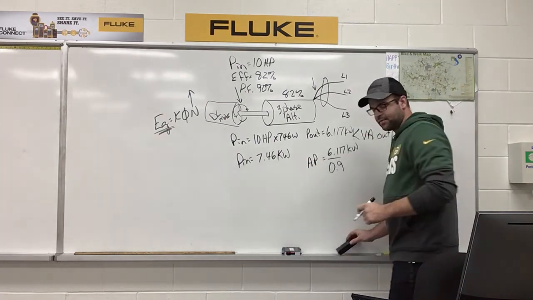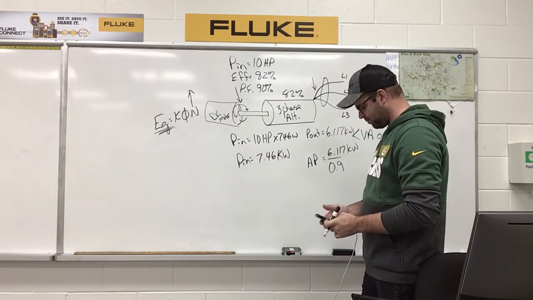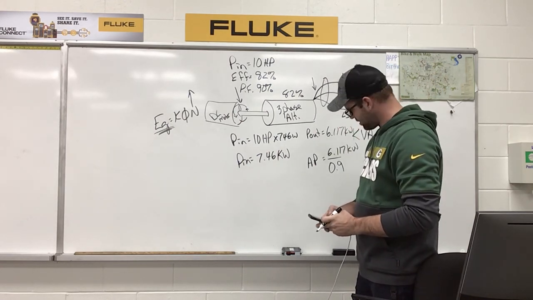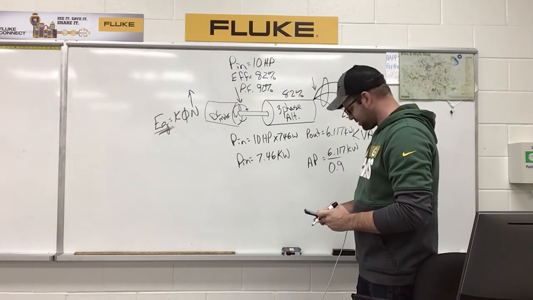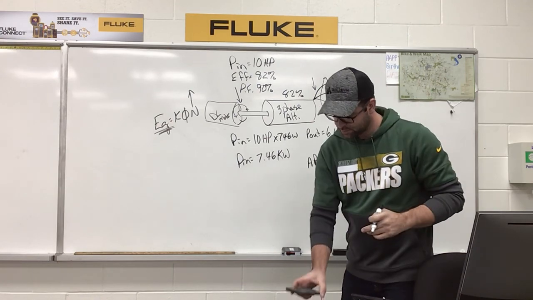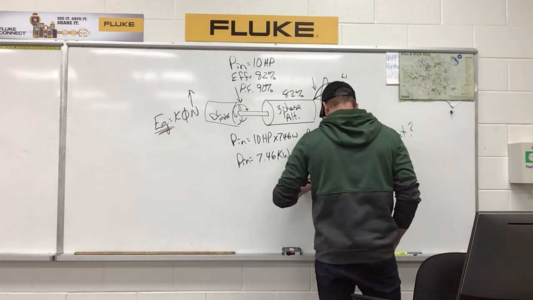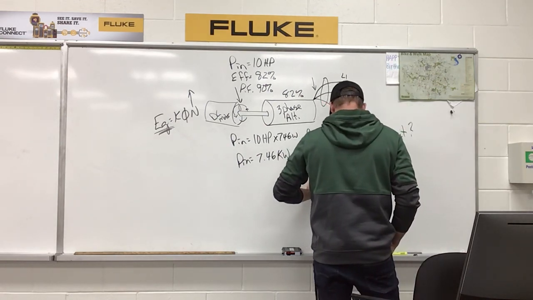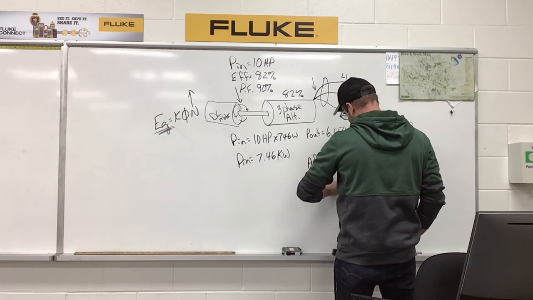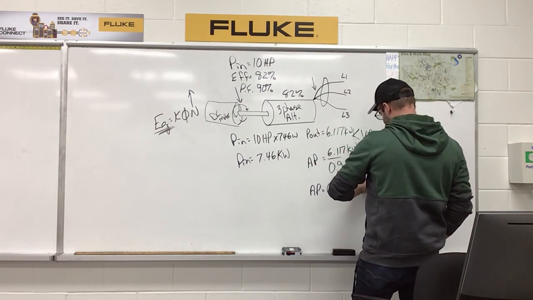And the value should be getting larger because we have a reactive value in there. Divided by 0.9, we have 6.797. So apparent power is equal to 6.797 kVA.